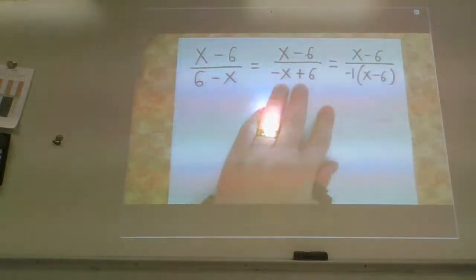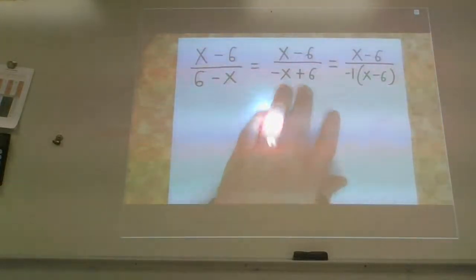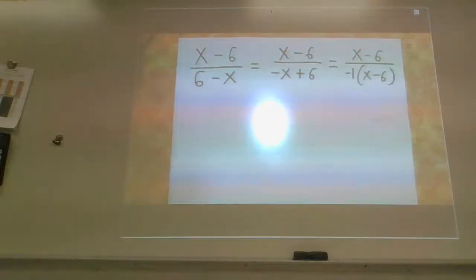What in the heck did I just do? Can we all agree that I've done nothing to the top of the fraction? Yeah, I've done absolutely nothing to the top of the fraction. Top of the fraction, don't worry about it for now. Leave it as is. I don't know how or why you did it, but you reversed it.